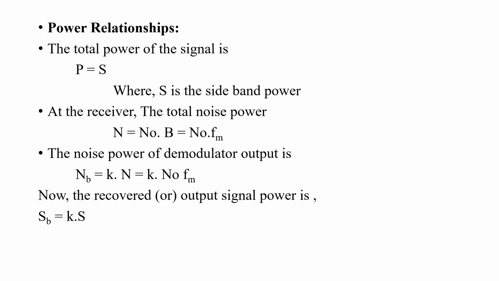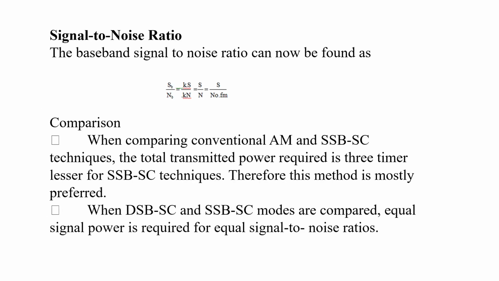So the total noise power is N naught into FM, and the output signal power is calculated as SB, which is equal to K into S. The signal to noise ratio is the ratio of signal power to noise power. Substituting all these values, we get the signal to noise ratio as S by N naught into FM. When compared with conventional AM, SSBSC techniques require less power and it is an efficient modulation scheme.